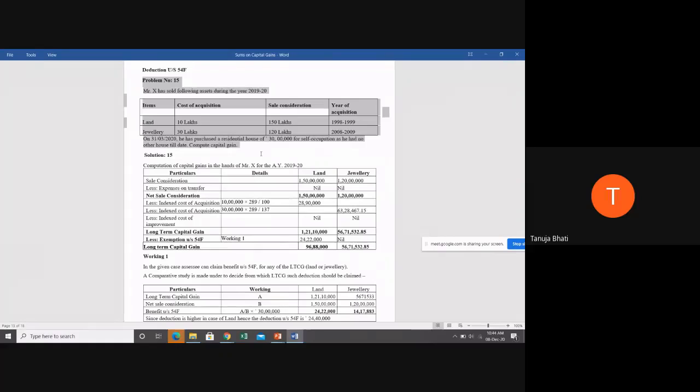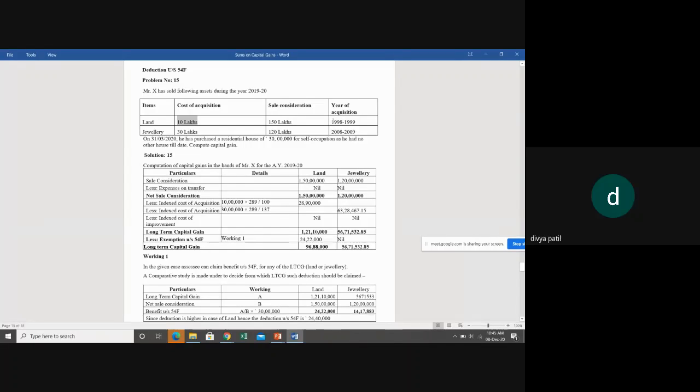Hello, ma'am. Yes. Ma'am, that net sale consideration less index cost of acquisition 10 lakh, how did it come, ma'am, 10 lakh? See here, in the question it is given. For land, the cost of acquisition is 10 lakhs.